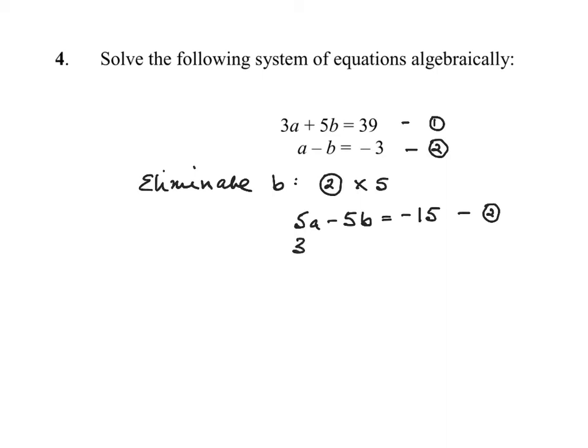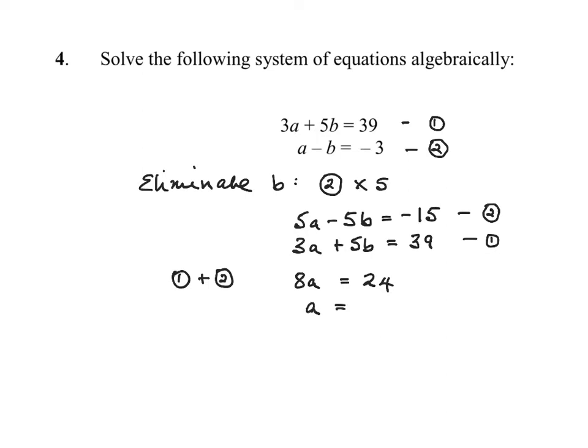And I'll write equation 1 underneath. And I hope you can see that by adding the two equations, we get 8a equals 39 take away 15 is 24.